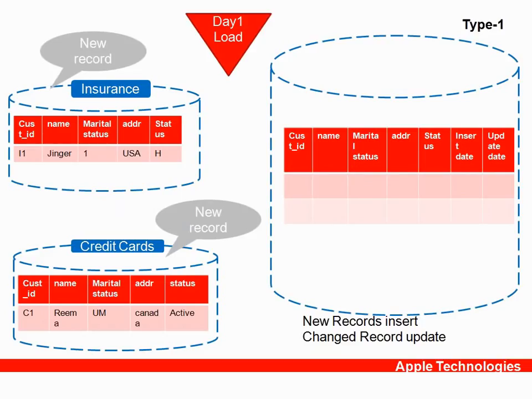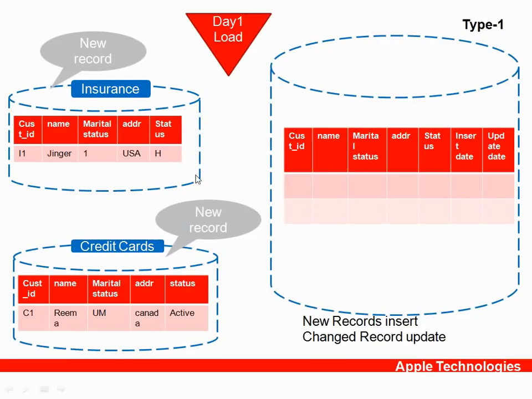Now the question is, who will do it? Type 1 says, theoretically, insert the new record and update the changed record. But who will do it? Using any ETL tool, let's say Informatica. Using Informatica software, you extract data from this table, and identify whether the record is new or not, using Informatica as the ETL tool, then insert it.